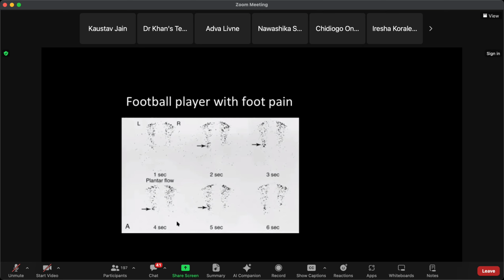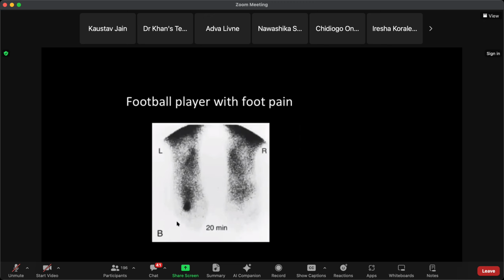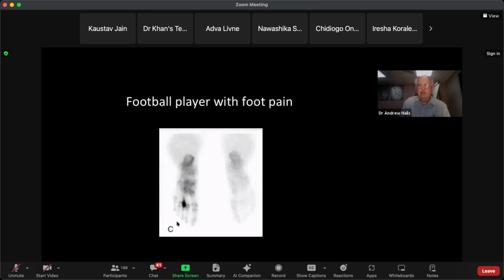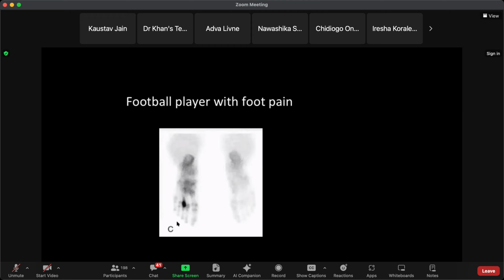And then I believe on the 20-minute scan there is a foci of increased intensity within this area and uptake above and beyond the background. And then furthermore this is more clearly delineated over the 3rd metatarsal of the right foot. So in a football player with foot pain and with this distribution, I would be concerned about a stress fracture of the metatarsal.